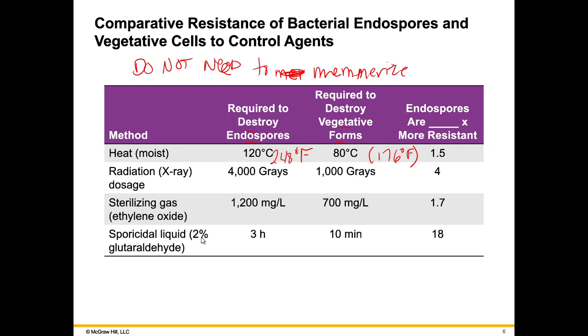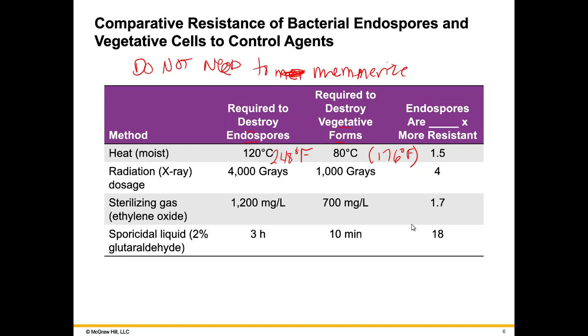And finally, if we look at the 2% glyceraldehyde sporicidal liquid, we can see that it will destroy vegetative forms in 10 minutes. It takes endospores 3 hours of exposure to be killed, though. So 18 times more resistant are the endospores compared to the vegetative cells with the sporicidal liquid.